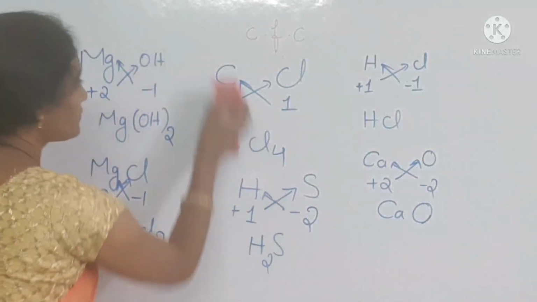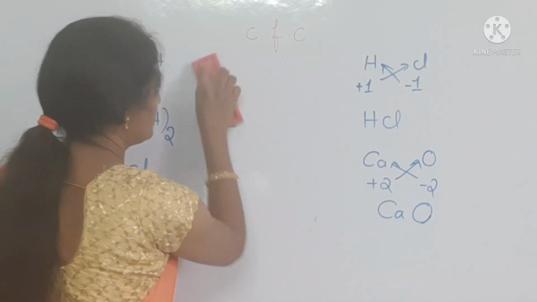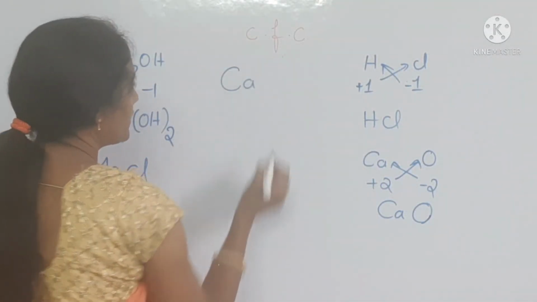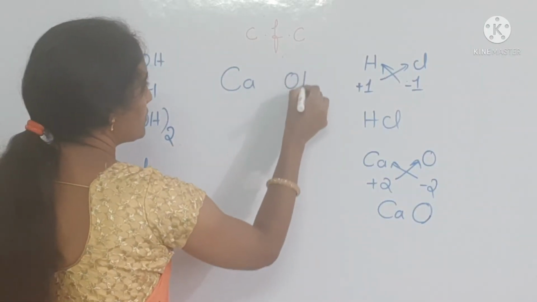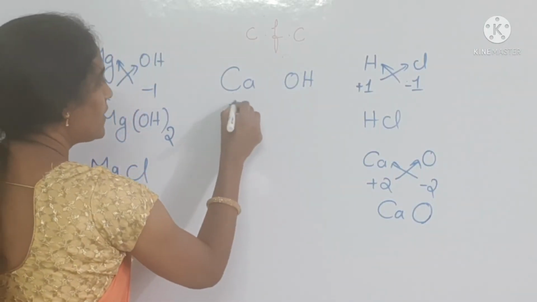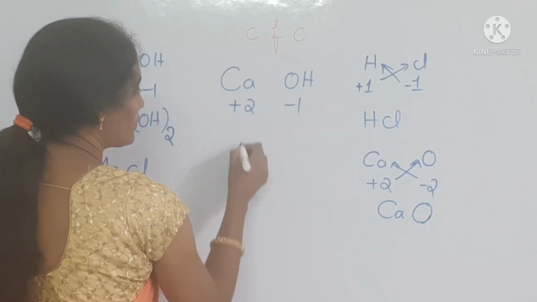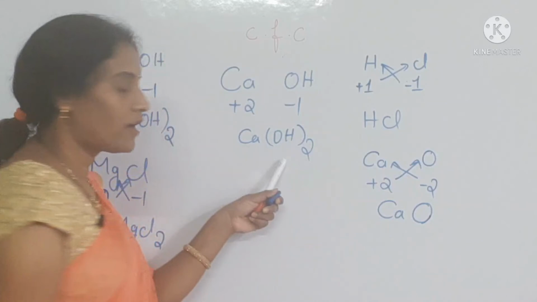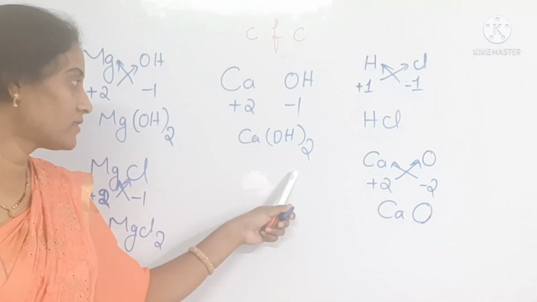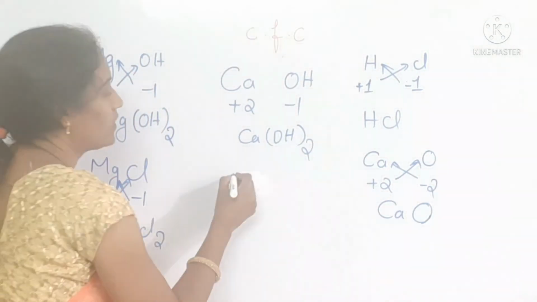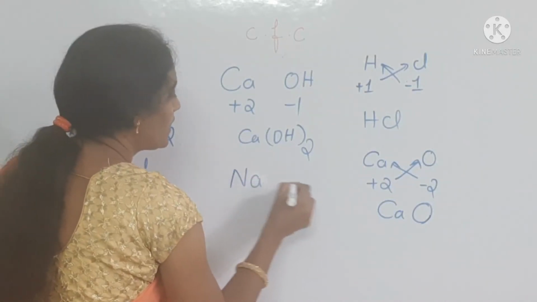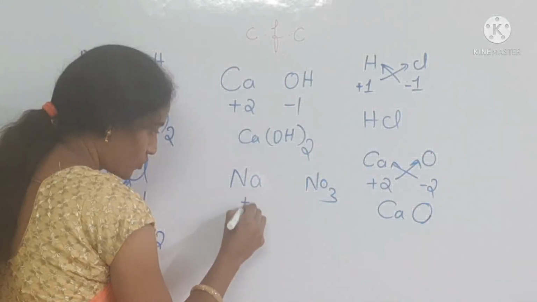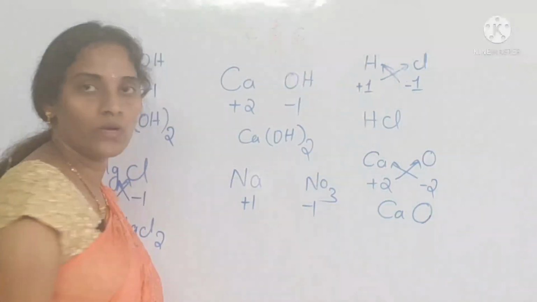Next one is, see, Ca(OH)2, if you see here, Ca +2, this is -1. Here also you have to enclose with brackets. After that you have to write the number of ions, Ca(OH)2, calcium hydroxide. One more example, NaNO3, sodium nitrate, you can write, students. It is showing +1, it is showing -1.